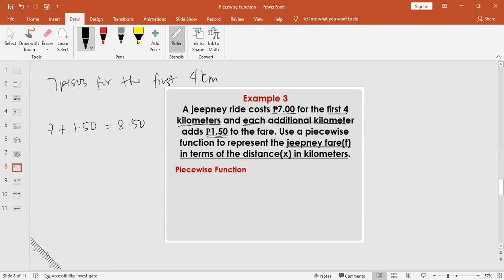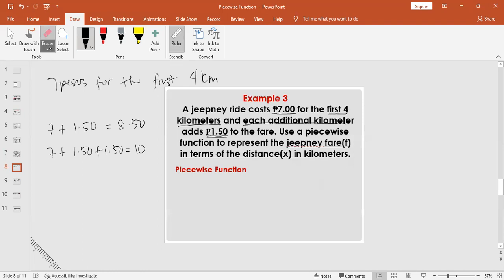Paano kung 6 kilometers? 7 plus 1.50 plus 1.50, ilan yan? It's 10. So, ganyan yung ideya ng problem. Okay? So, that's our first step, analyzing the given problem.